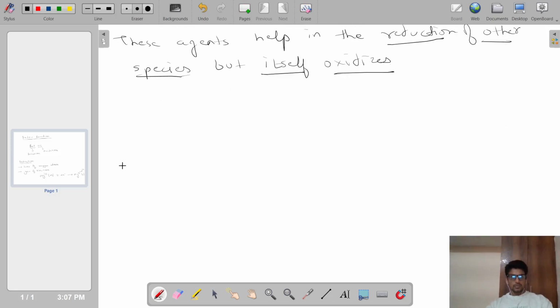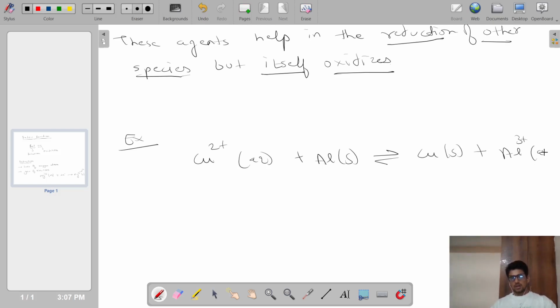Okay, now let's do an example and try to find who is going under oxidation, who is going under reduction, who is the oxidizing agent, who is the reducing agent. Suppose we have copper dipositive aqueous and aluminum solid, and copper dipositive is going to copper solid and aluminum solid is going to aluminum 3 positive aqueous.